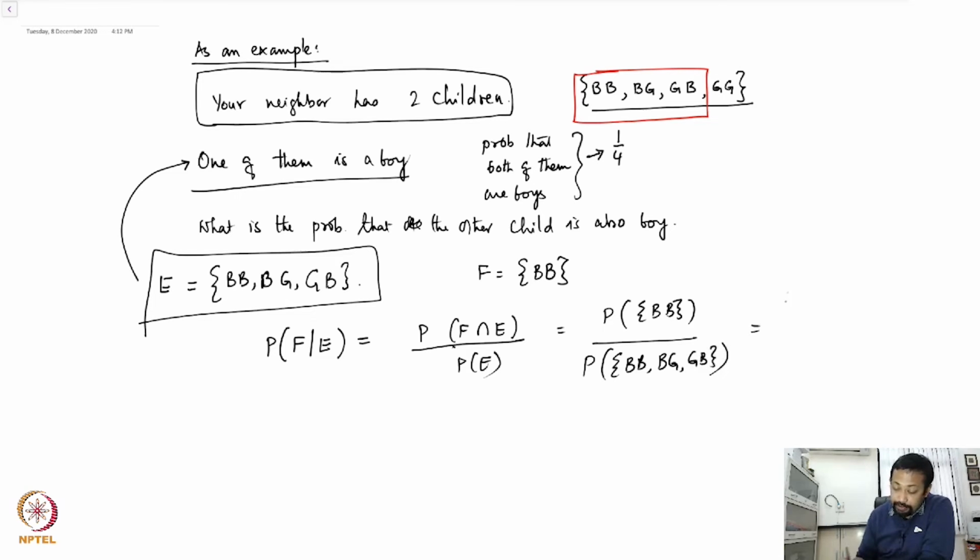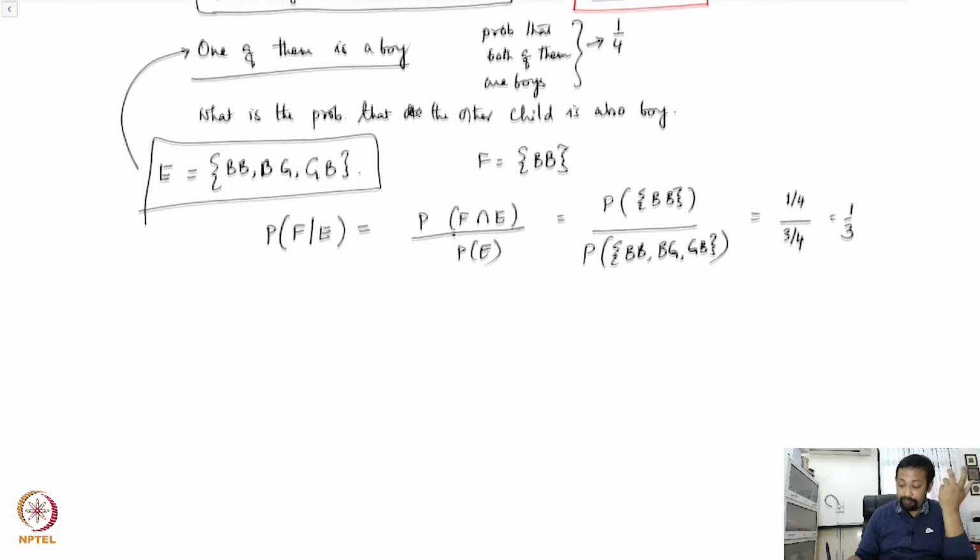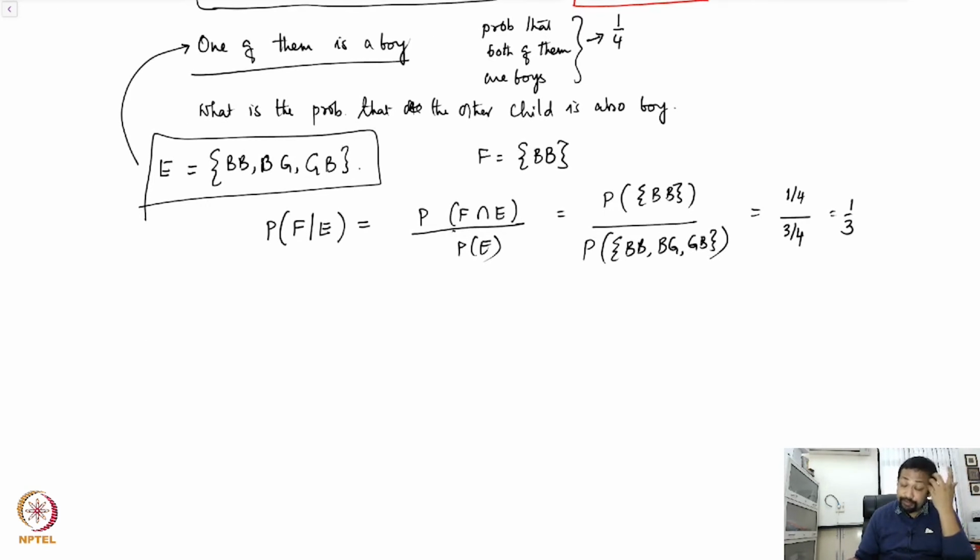The probability of BB is clearly 1/4, which we have worked out, and the other one is 3/4, and therefore this is 1/3, right? So this is how you evaluate conditional probabilities. It becomes very clear once you write down the questions and the sample space that you are really interested in, that the conditioning has forced you to do.